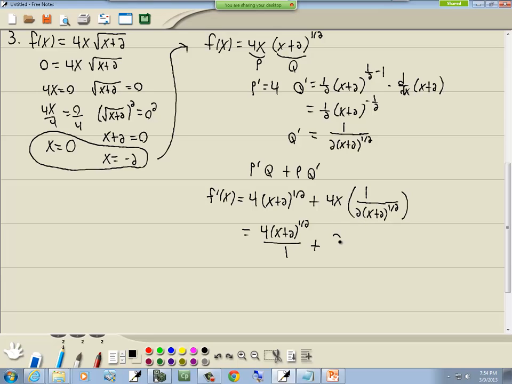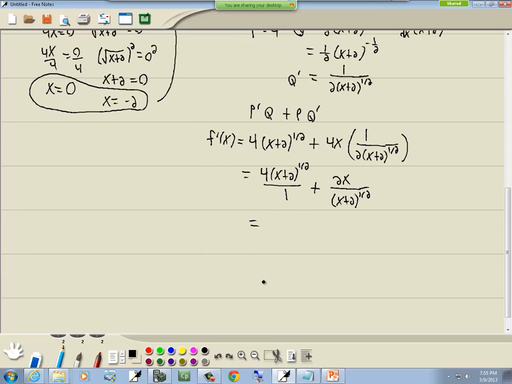So that leaves me 2x over x plus 2 to the 1/2. Now I need to get a common denominator, which would be x plus 2 to the 1/2. Now our second fraction already has that, so we don't have to do anything there.